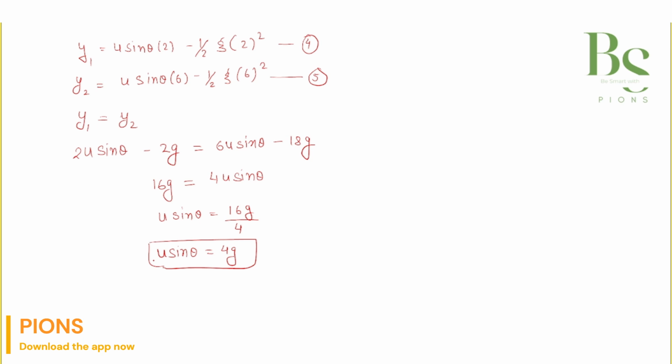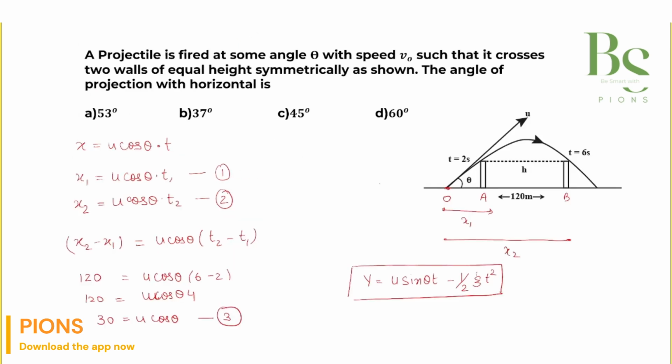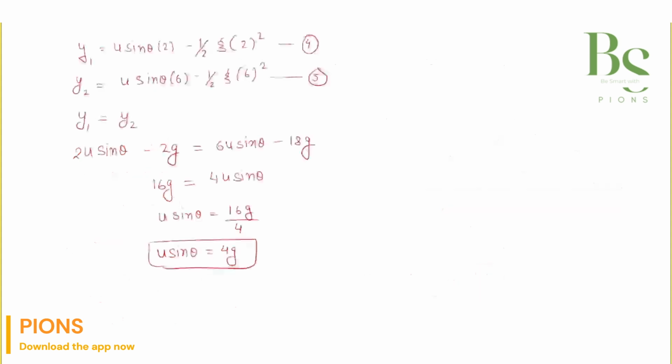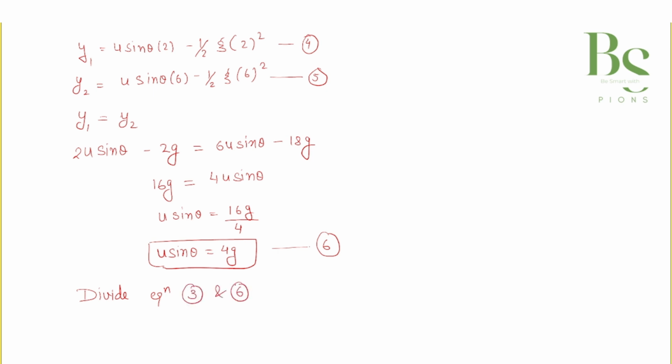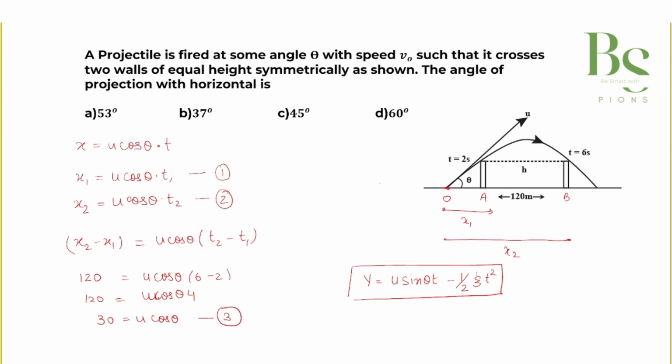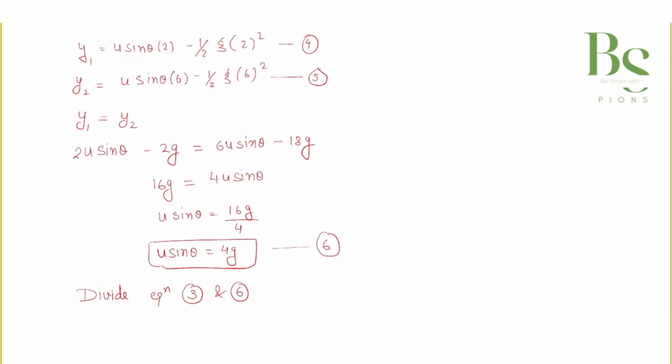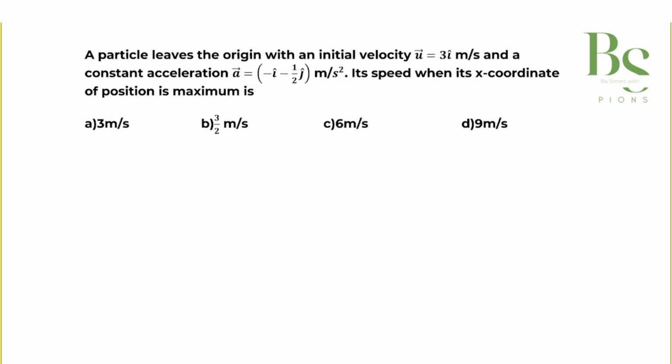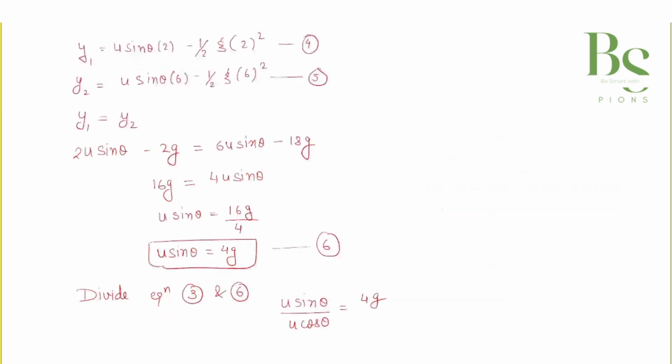I hope this is clear. So u sin theta is 4g, and look at equation 3, u cos theta is 30. This is equation 6, let's say. So divide equation 6 by equation 3. 6 is u sin theta upon u cos theta, and u sin theta is nothing but 4g, and u cos theta is 30, correct?